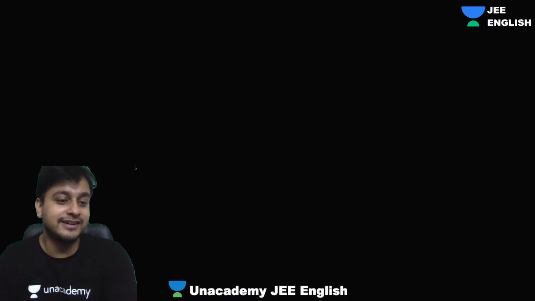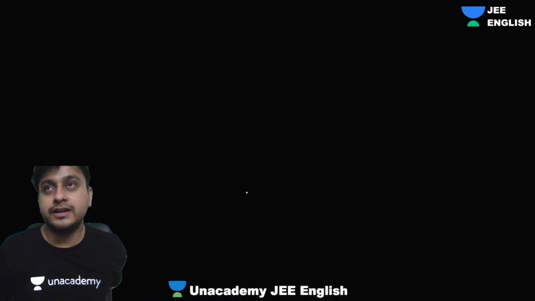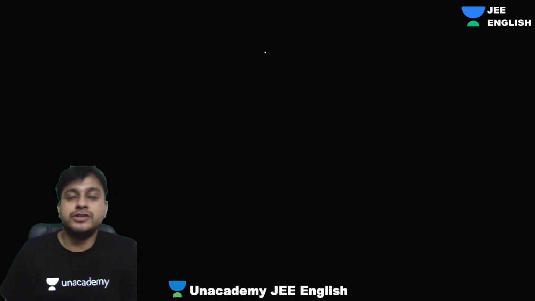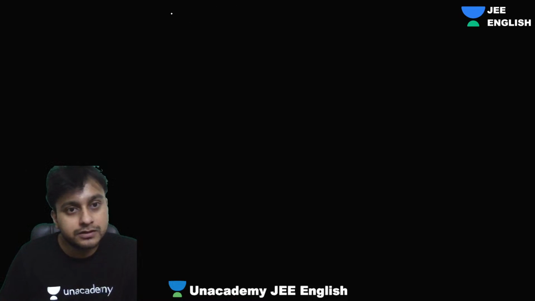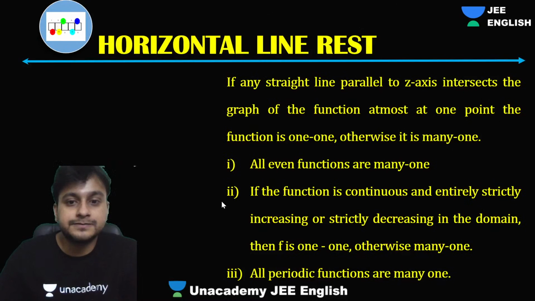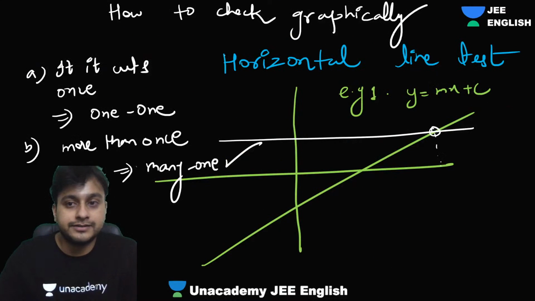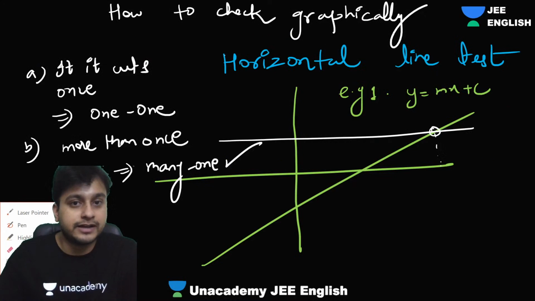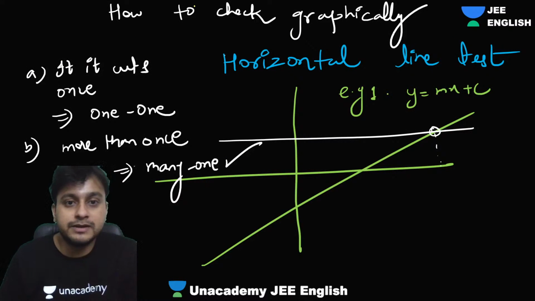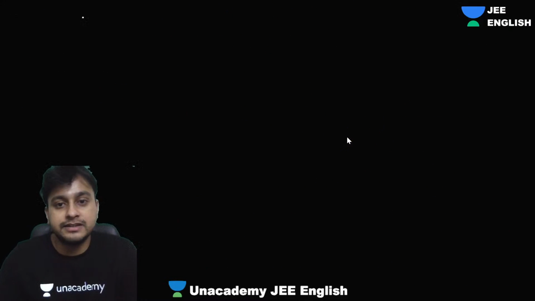In fact, two more methods left. The first was the horizontal line test. Let me write it down for you. Horizontal line test was the first method to check graphically.